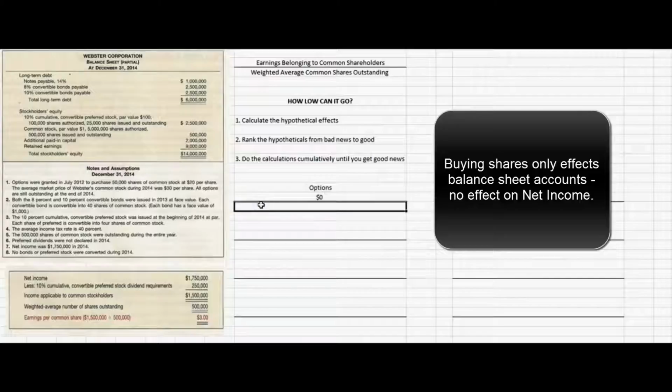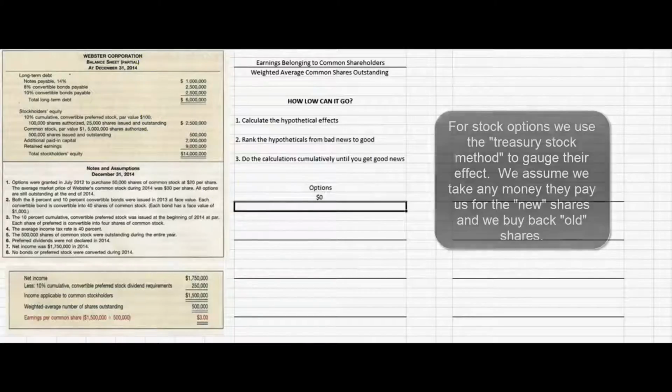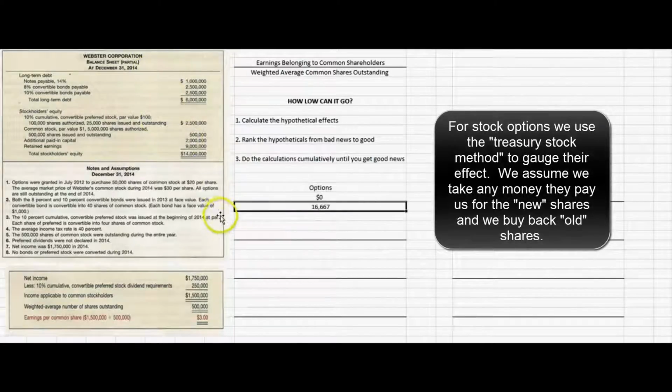We use the treasury method to figure out what would happen to the denominator. In other words, we pretend like we take all the money they would give us. In other words, 50,000 shares times $20 a share means they would give us that much money.